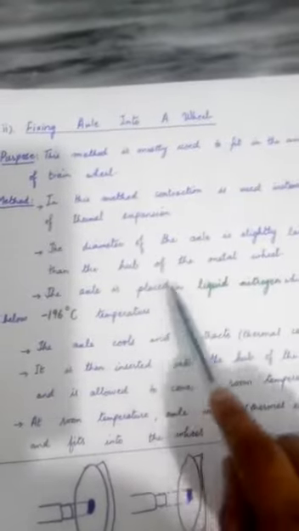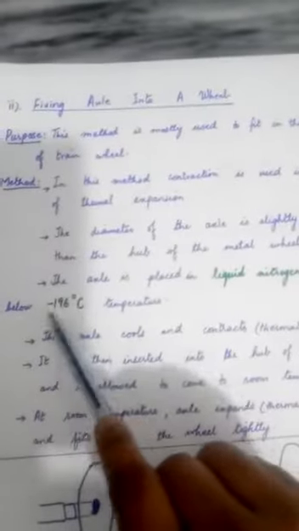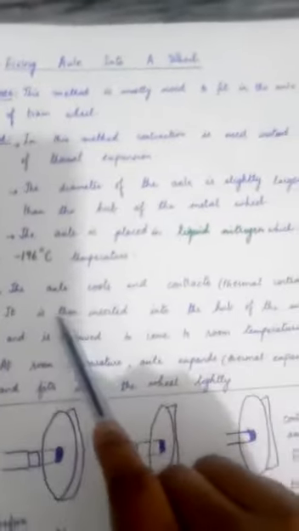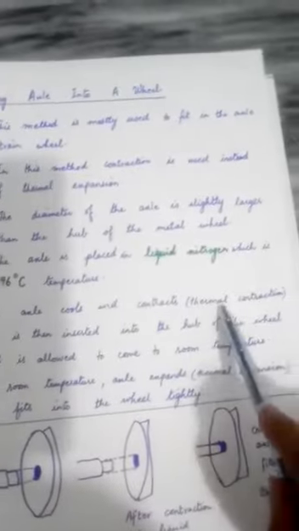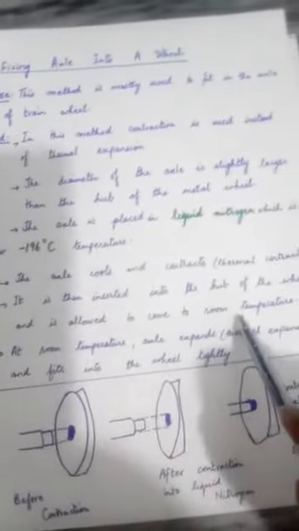The axle is placed in liquid nitrogen, which is at below minus 196 degree centigrade temperature. So the axle cools and contracts, that is thermal contraction. It is then inserted into the hub of the wheel, and then it is allowed to come to room temperature.